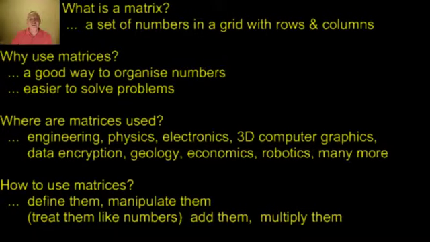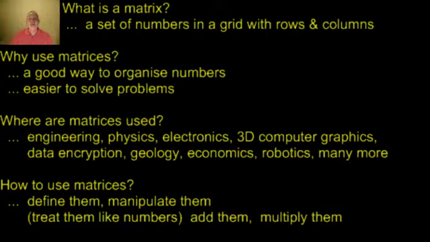The interesting thing about them is that even though they contain numbers, as a group or as a set of numbers, a matrix can often be considered and treated as if it was a number itself. So you could have situations where you have two matrices, two sets of numbers, and you can do things with them like add them together and multiply them and so on.